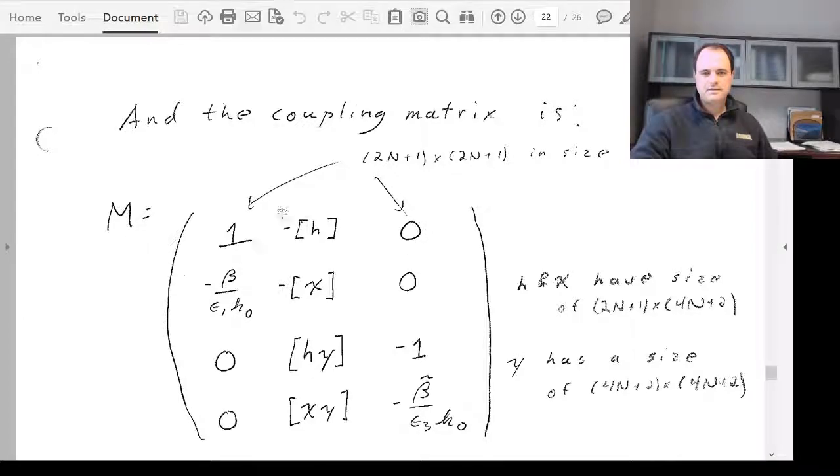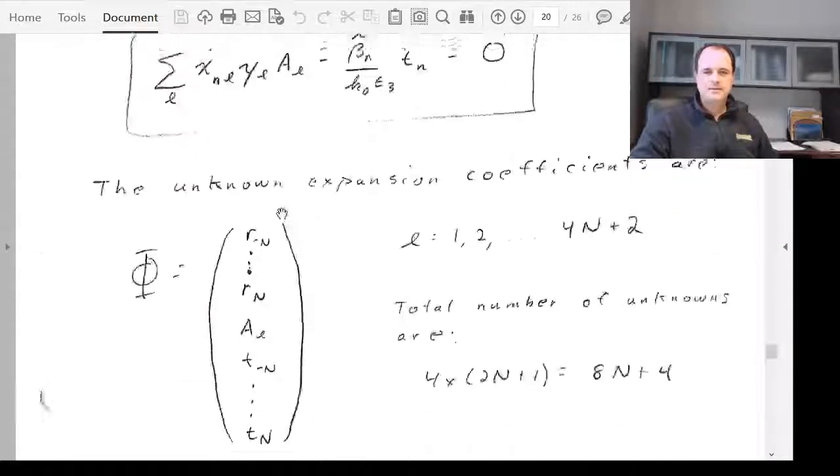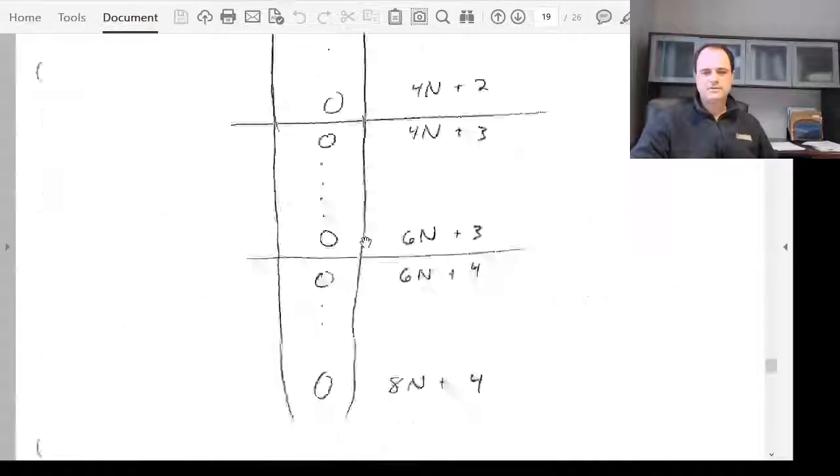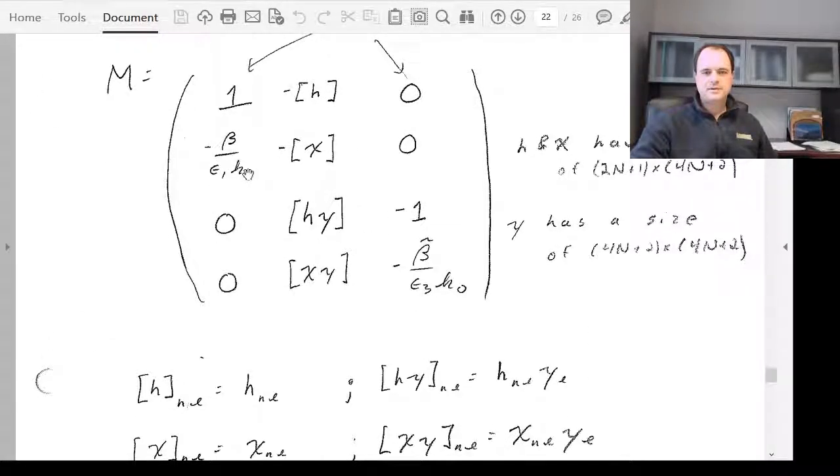That's for the magnetic field. For the electric field, we'll have a minus beta epsilon k naught minus chi matrix and 0. So these are the H boundary condition and E sub x boundary condition.